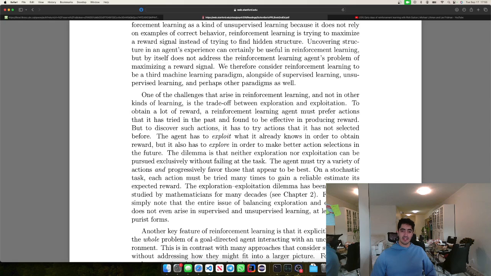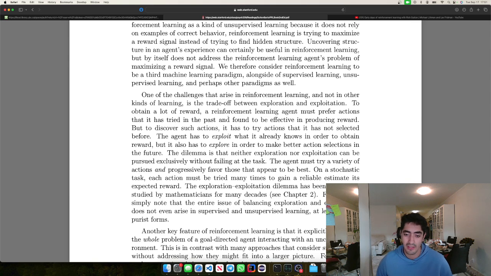The dilemma is that neither exploration nor exploitation can be pursued exclusively without failing at the task. The agent must try a variety of actions and progressively favor those that appear to be best. On a stochastic task, each action must be tried many times to gain a reliable estimate of its expected reward.